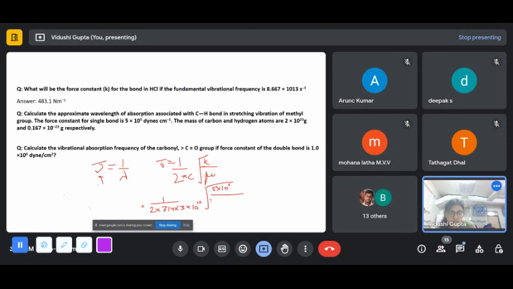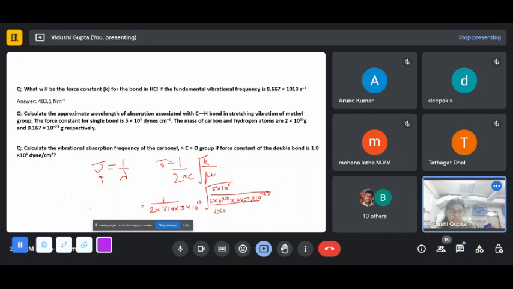So it will be 2 into 10 raised to 23 multiplied by 0.167 into 10 minus 23, and divided by the sum of these two masses.